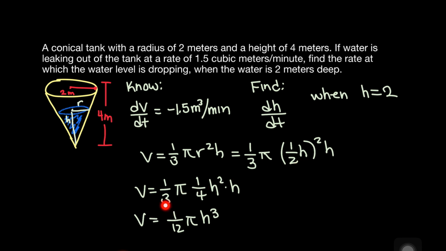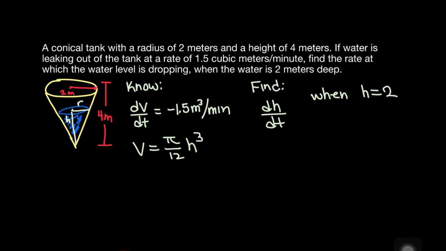So this becomes 1/3 pi times a 4th, that's a 12th pi, and then h squared times h is h to the 3rd. So my volume equation becomes pi over 12 times h to the 3rd. So finally, I have an equation that relates V and h.